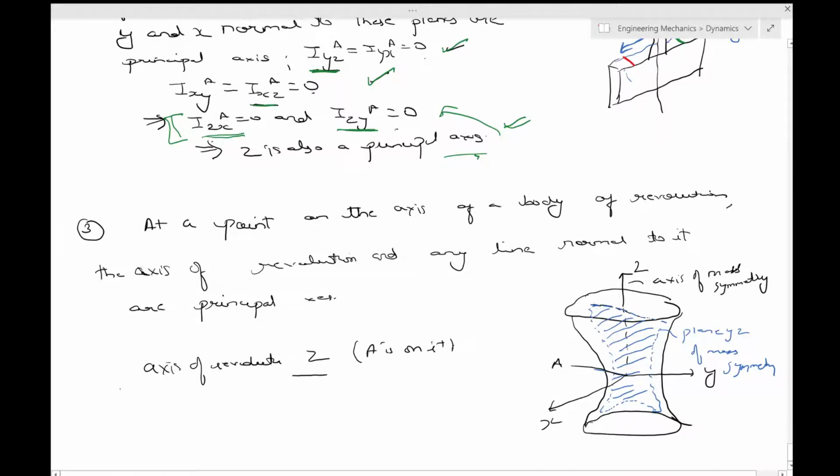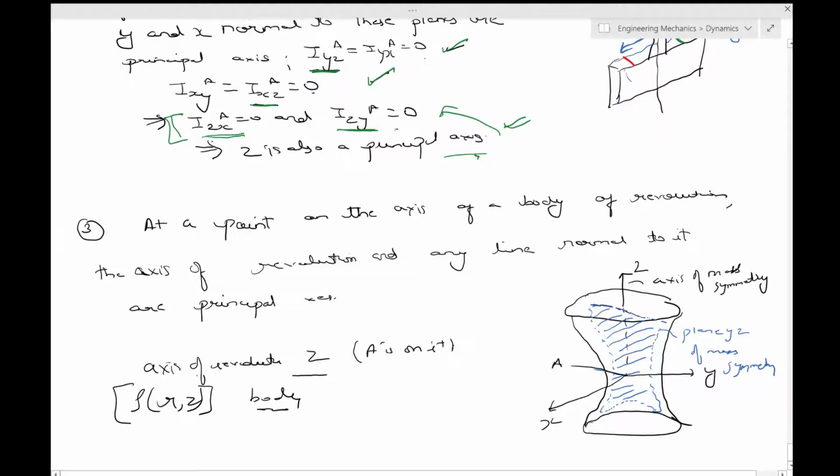So now the density over here can be written as rho of r comma z. So rho describes this body, and you can describe it in terms of r and z.